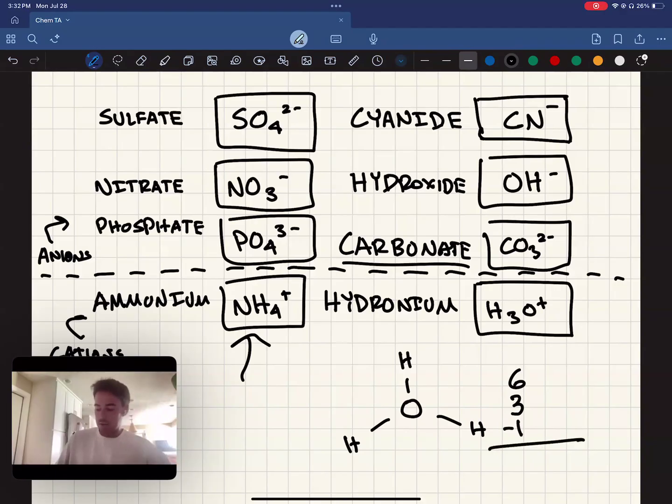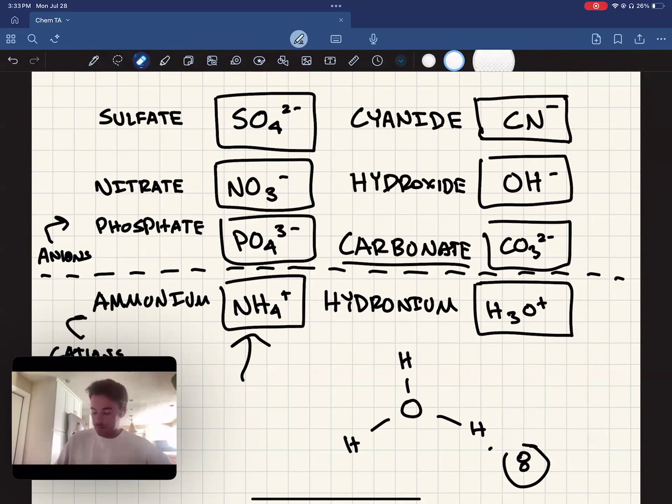So we should have 8 electrons. There are 5 electrons on the oxygen because there's a positive charge, and then 1 on each hydrogen. So let's make sure we have all our electrons: 2, 4, 6, 8, with a lone pair on oxygen.